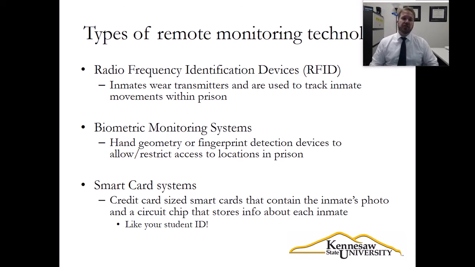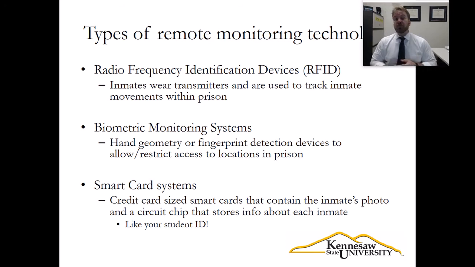RFID devices. Some of you might not know what these are, but these are bracelets. What they do is emit a radio frequency, and each one has a specific type of radio frequency, so they can actually track inmate movement throughout the prison to know that people are in the right place where they're supposed to be.